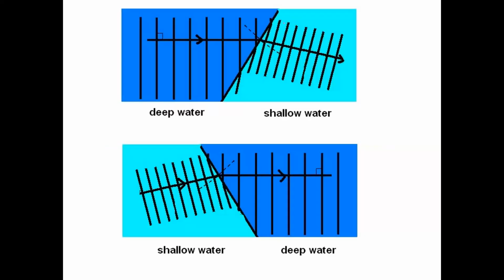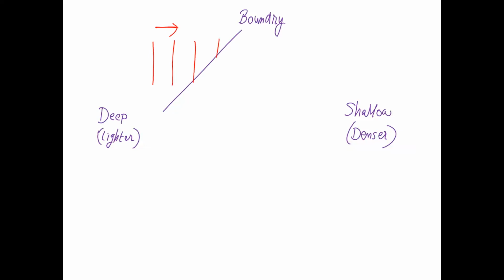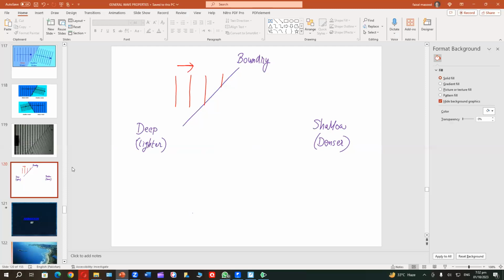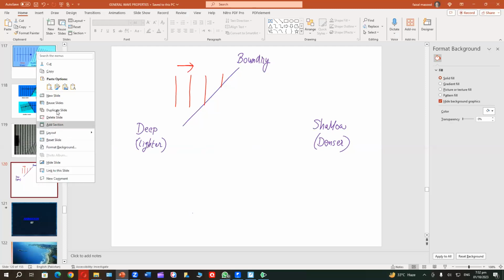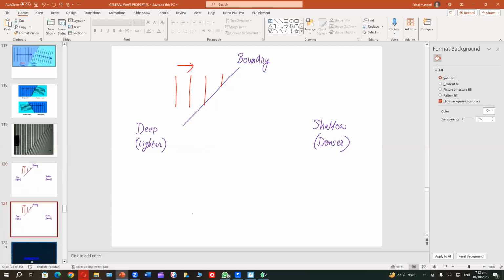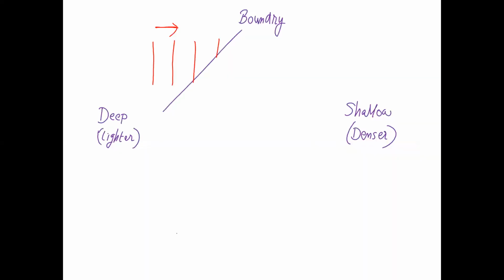This is a bending diagram, and you have to practice it neatly. There is a normal on the screen. When the waves enter the shallower region, they bend like this.